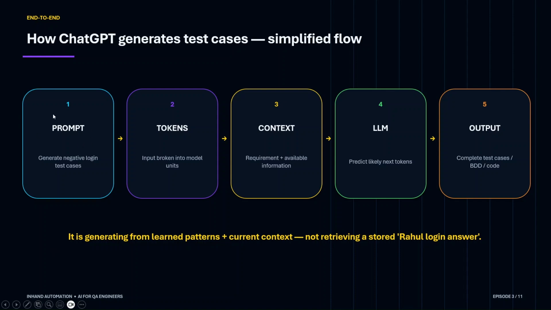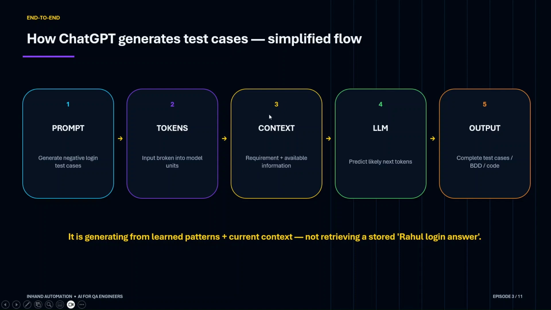So we move from the first point, which is the prompt, to the second point, which is tokens. The input or prompt which we gave is broken into small model units. Next, the model processes those tokens and puts them together into an available context for the particular requirement.